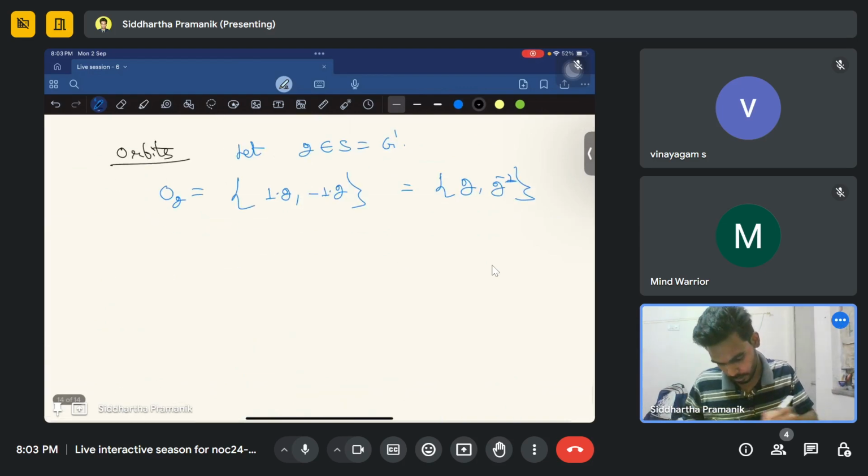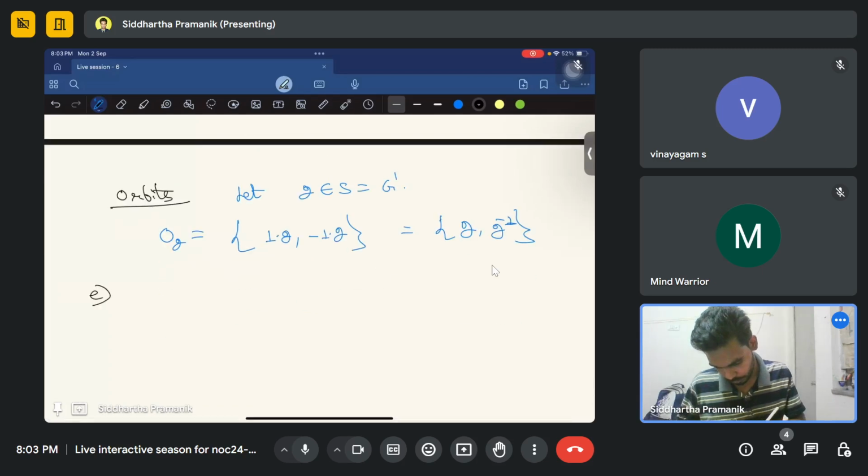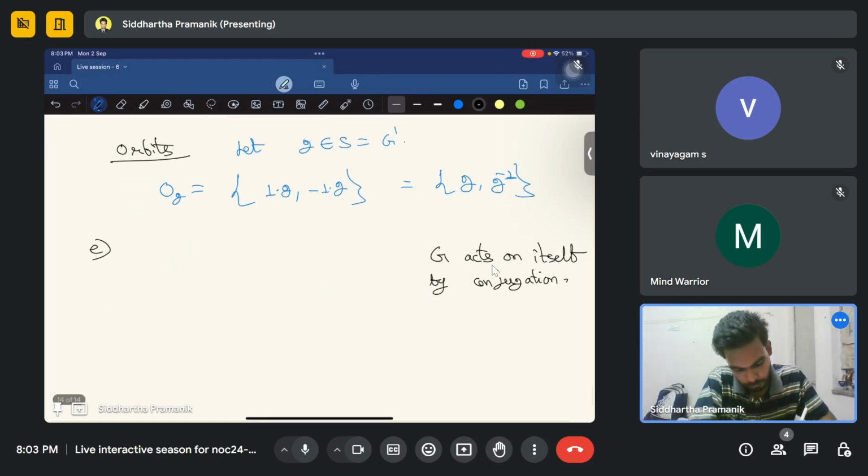Now let's do one more. Let's say E. In the lectures, we saw G acts on itself by conjugation, right? Meaning if we take g comma a, then we map it to g a g inverse.